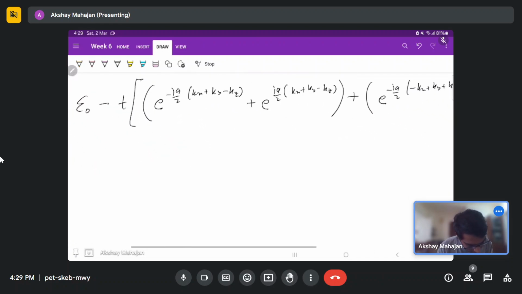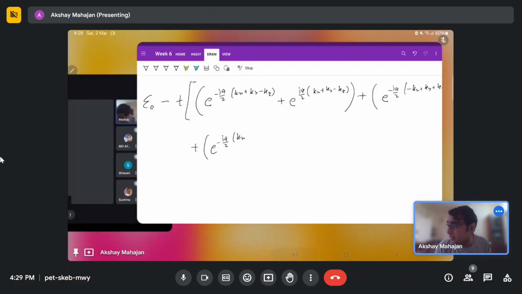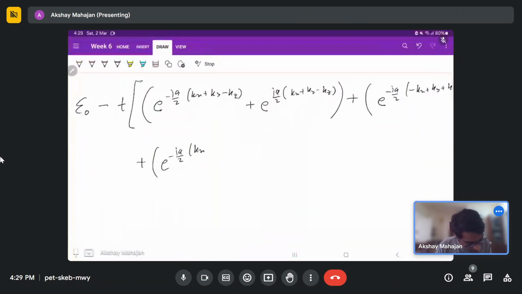And then we will have again this one from the l plus 1 neighbor, kx minus ky plus kz, and then the complex conjugate of it from the l minus 1 neighbor, kx minus ky plus kz.